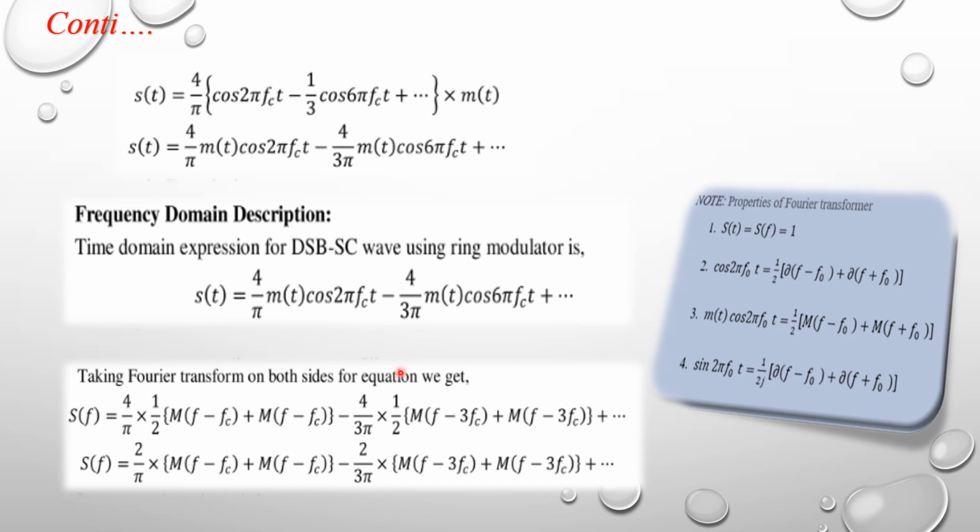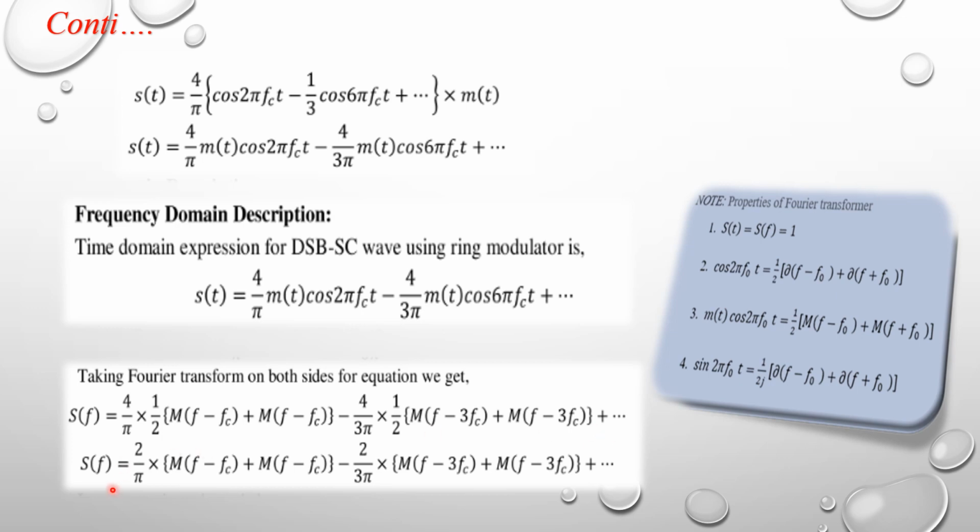The second term has a minus sign and amplitude 4/3π times 1/2 [M(f − f₀) + M(f + f₀)]. Here cos 6πfct equals 2πf₀t, so we find f₀ is 3fc, giving M(f − 3fc) + M(f + 3fc), plus odd harmonics.